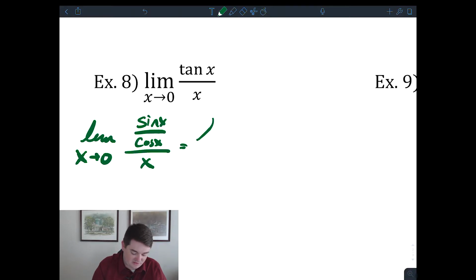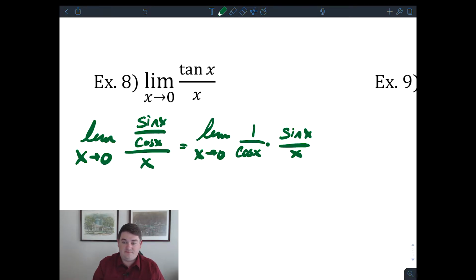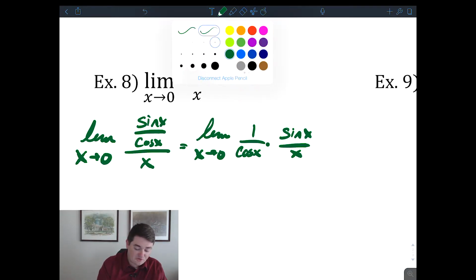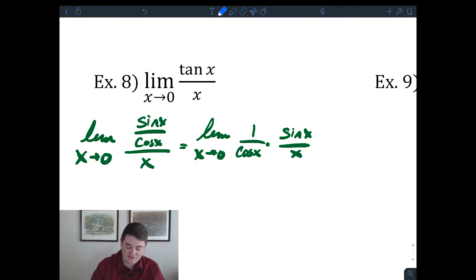So I can write this as the limit as x approaches 0 of 1 over cosine x times sine x over x. And I know from my trig rule up above, the limit as x approaches 0 of sine x over x is 1. And when I try direct substitution, plugging in a 0 right there, cosine of 0 is 1. So I have 1 times 1 is 1.